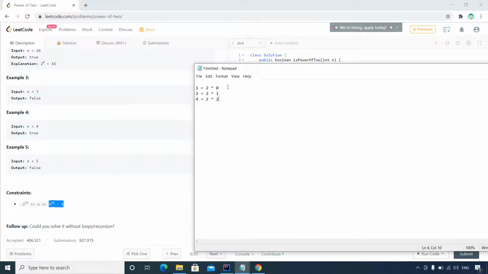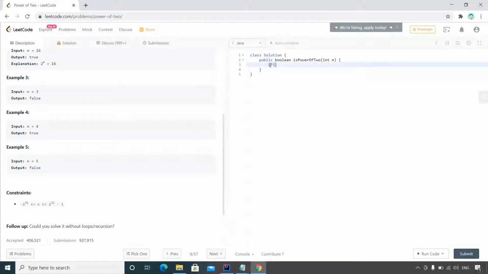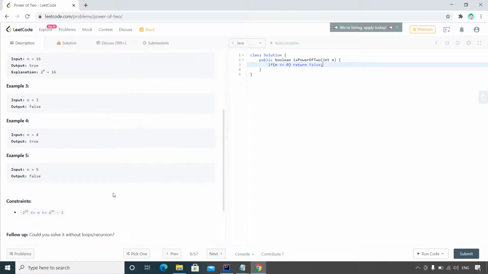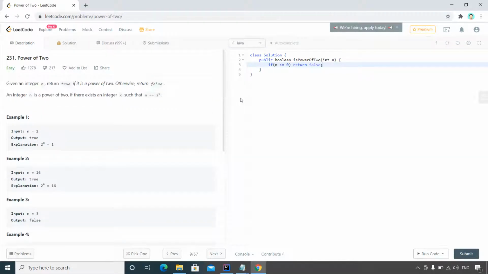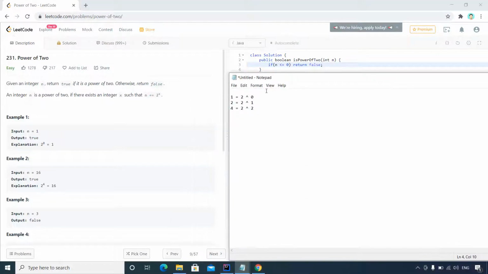That's why we can directly write a statement here: if n is less than or equal to 0, then return false. Here's the first statement. So we return false if numbers are negative or equal to 0, because it's impossible to get negative or 0 using 2 to the power of a positive number.